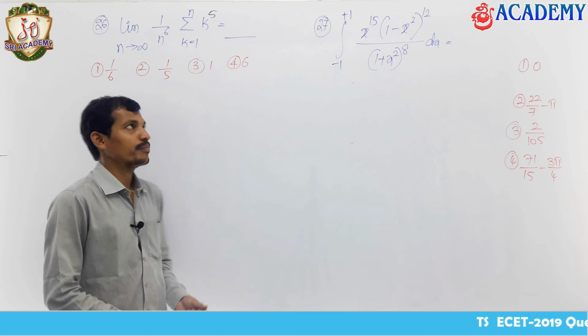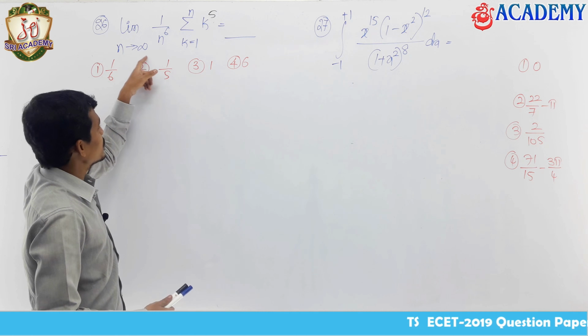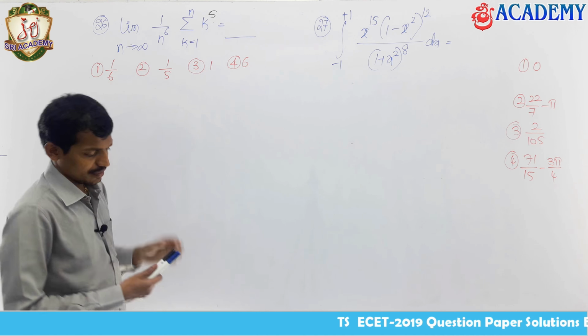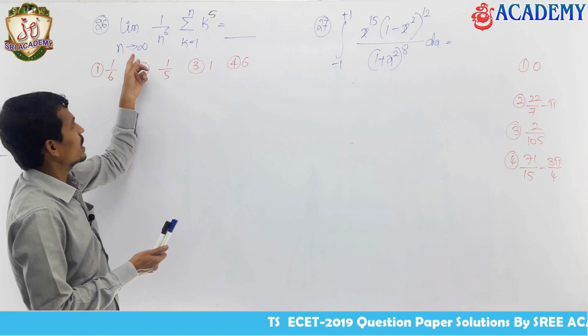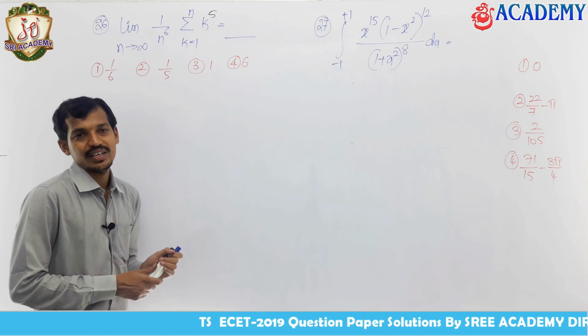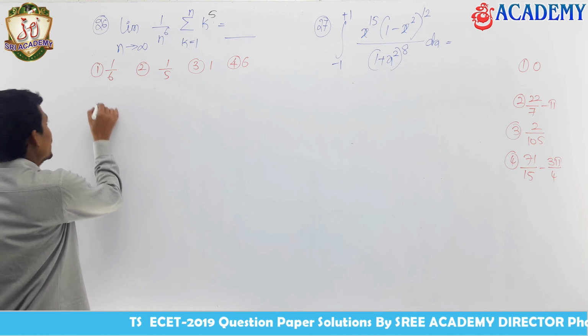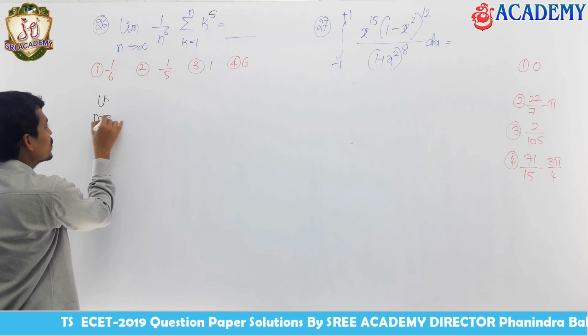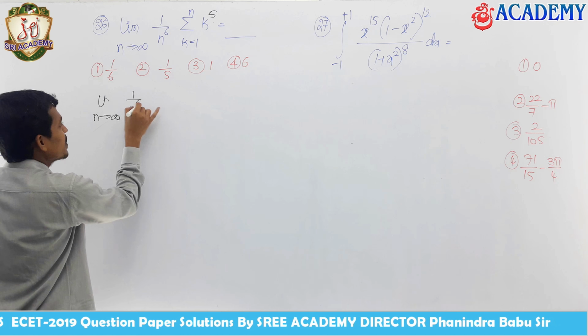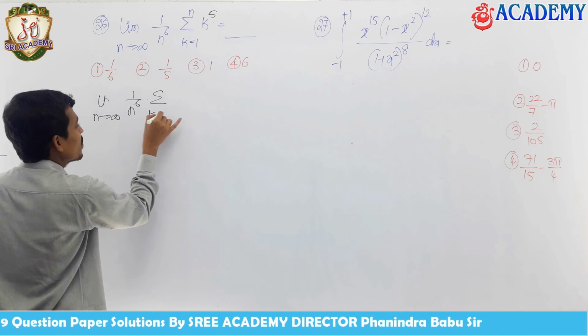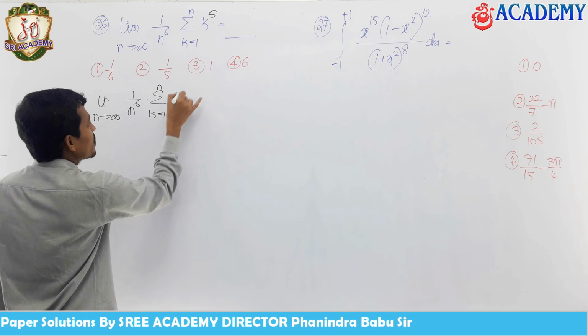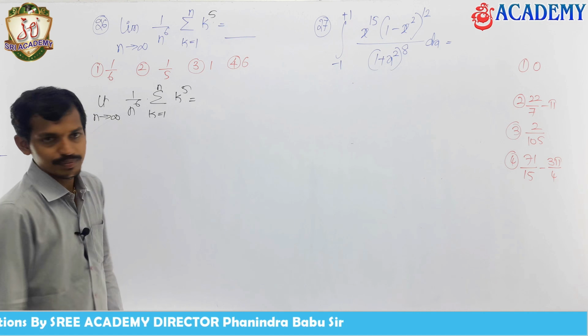Let's see this problem. Limit n tends to infinity. First of all, it looks like a limit problem, but it is going to be definite integration. Let's see. That is limit n tends to infinity 1 by n power 6 into sigma k equal to 1 to n k power 5. I am modifying this.